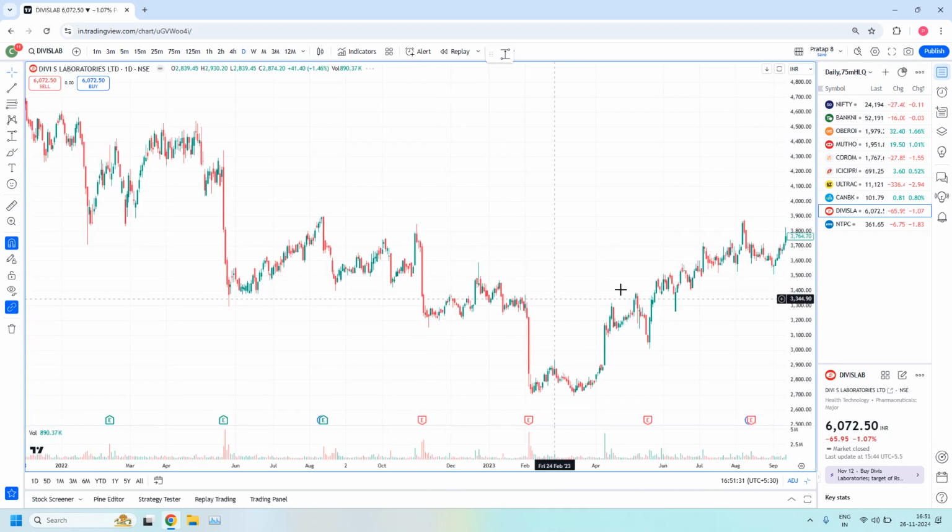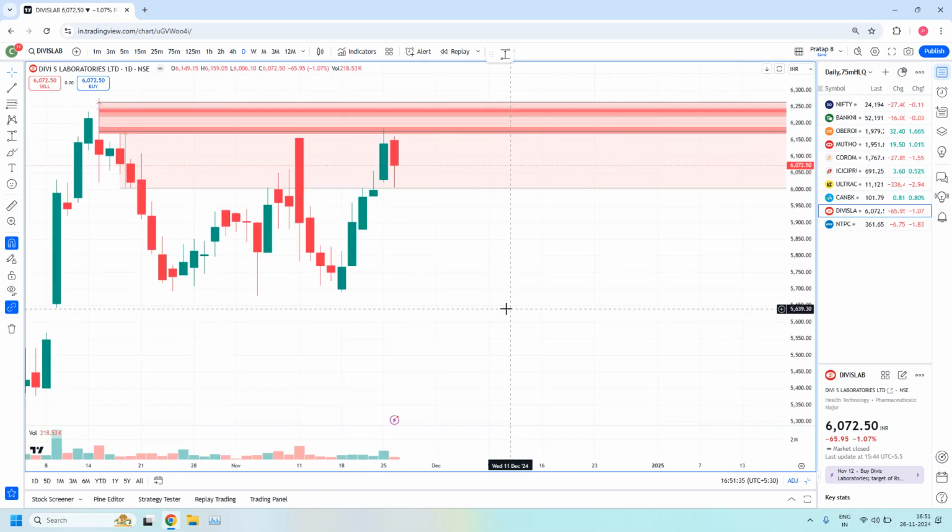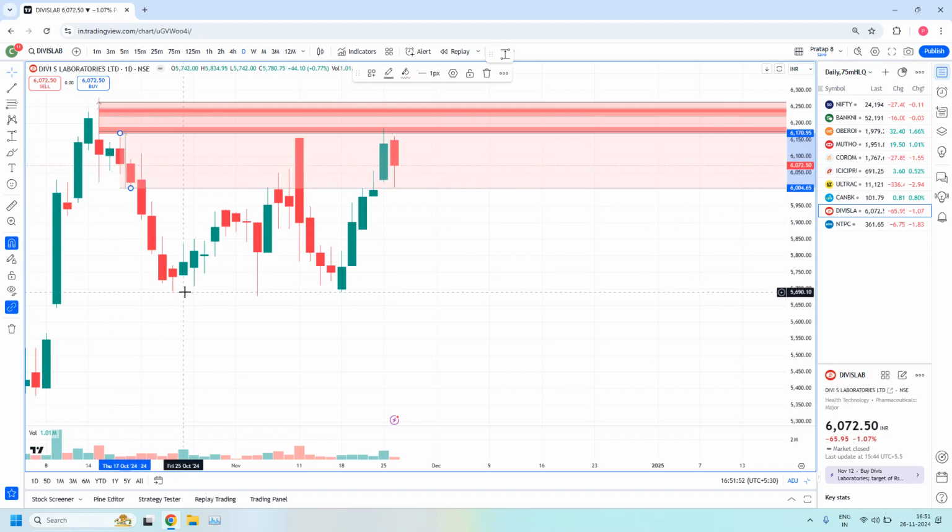We have a daily zone here. This is the daily supply zone. So this is the failed ERC candle as a leg in. You have 3 base candles and then a drop candle.